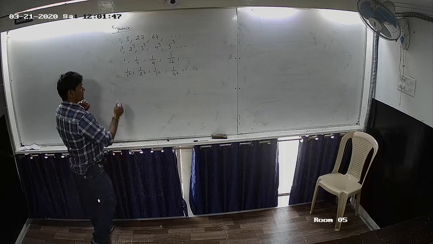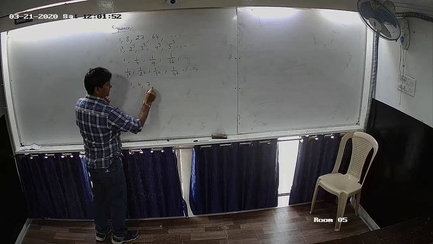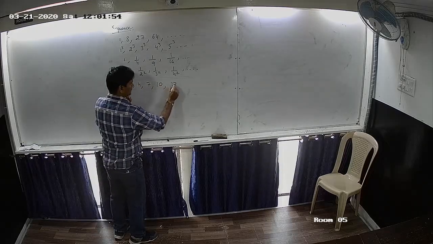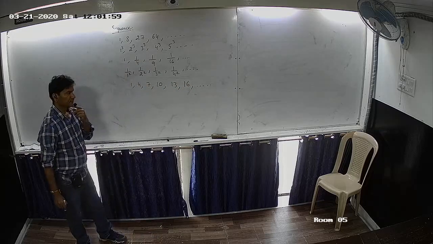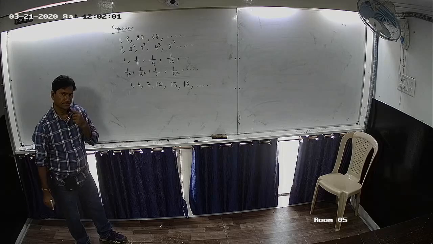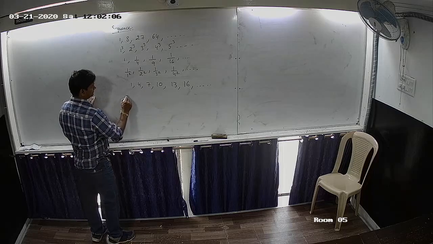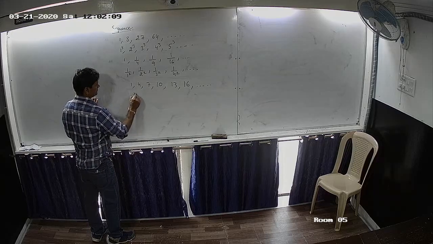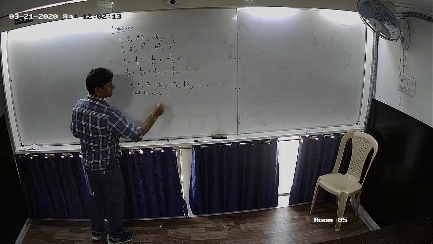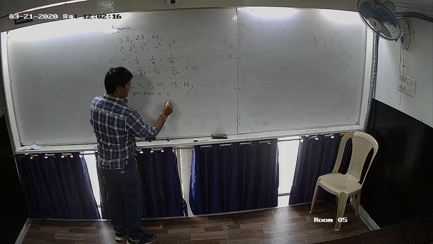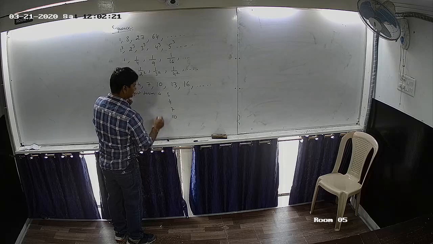Now, what about this sequence? 1, 4, 7, 10, 13, 16, and so on. Can you tell me what rule it follows? In this, the first term is 1, second term is 4, third term 7, fourth 10.